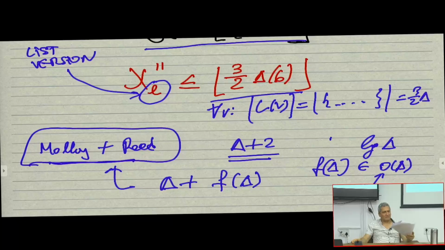So we have time for one more coloring. Anybody want to introduce some coloring? A variation of total coloring. What are the variations of total coloring? There is equitable total coloring.